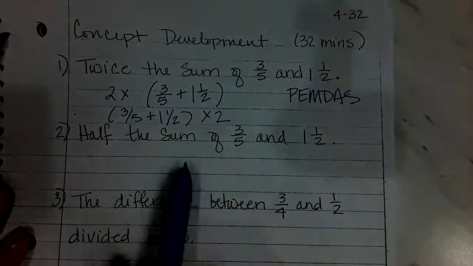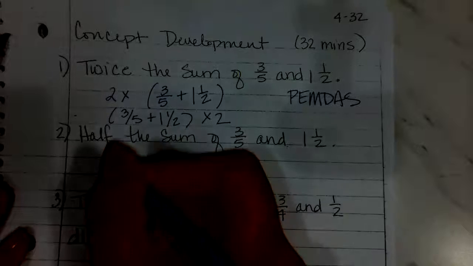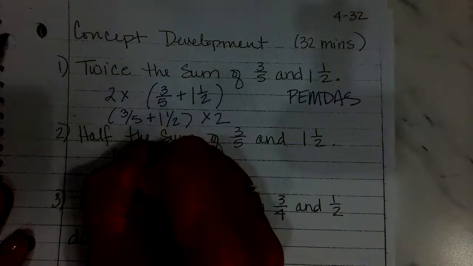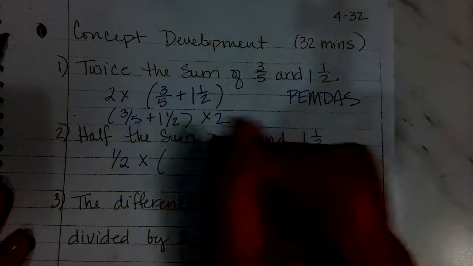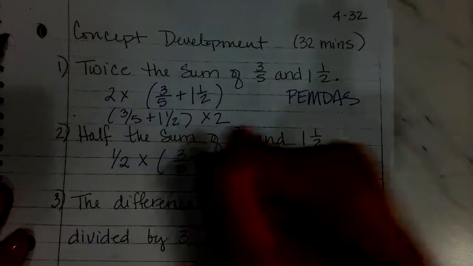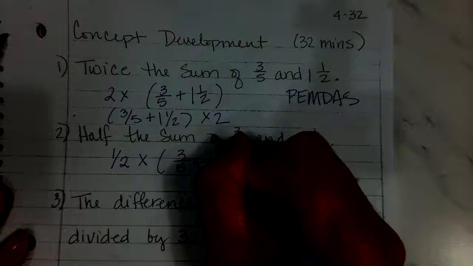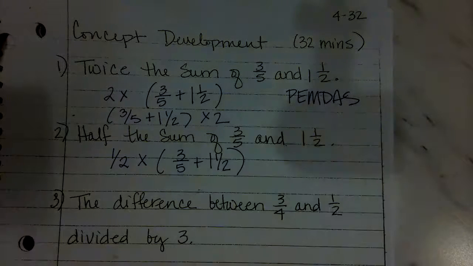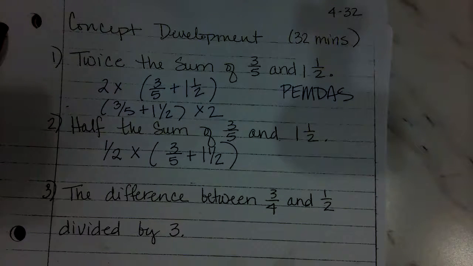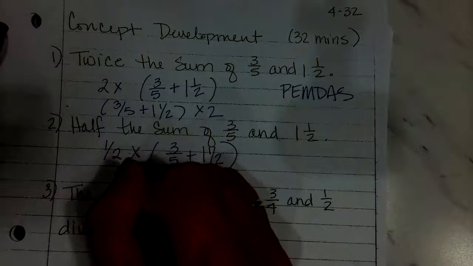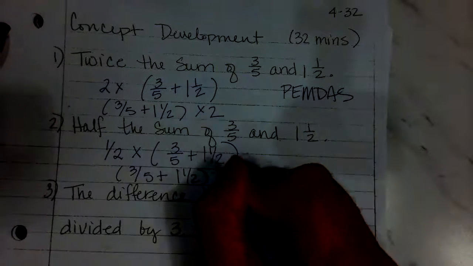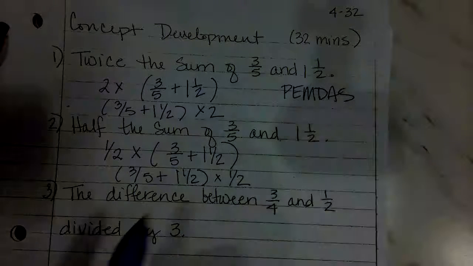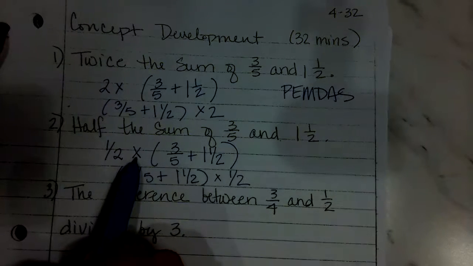So let's write this out. So half the sum of 3/5 and 1.5. And yes, you could write it 3/5 plus 1.5 times 1/2. And technically, you don't have to have that multiplication sign there.